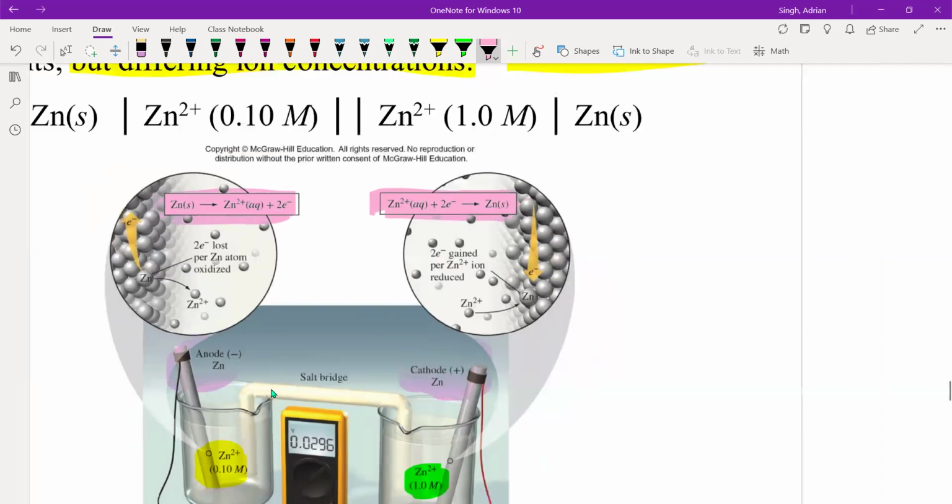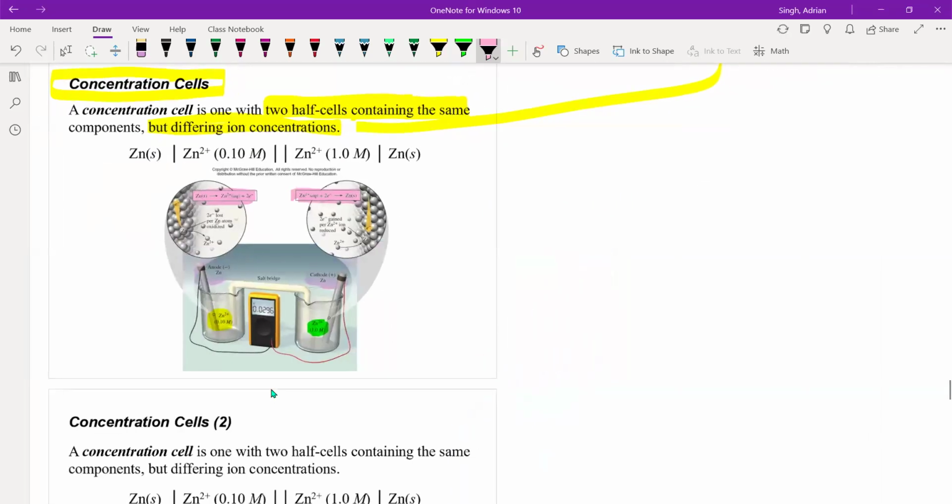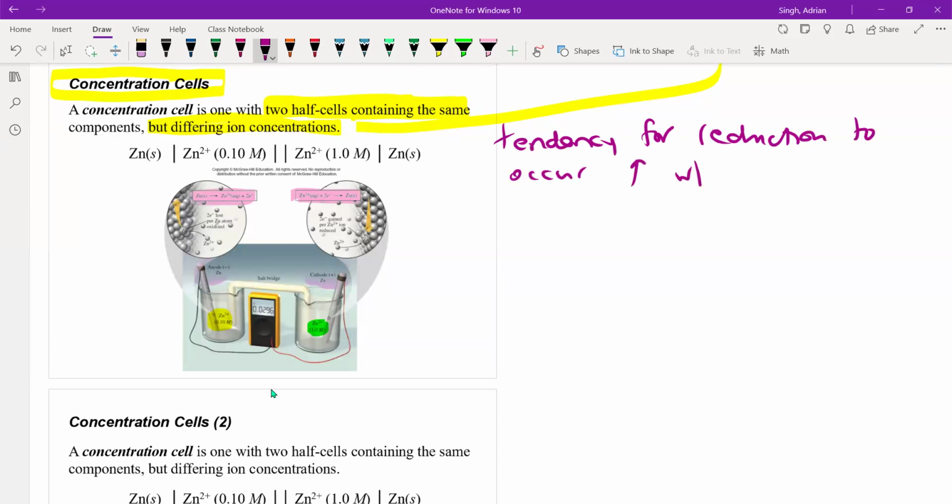According to Le Chatelier's principle, we can predict the following: the tendency for reduction to occur increases with increase, in this case, in the concentration of the ion, the zinc 2 plus.